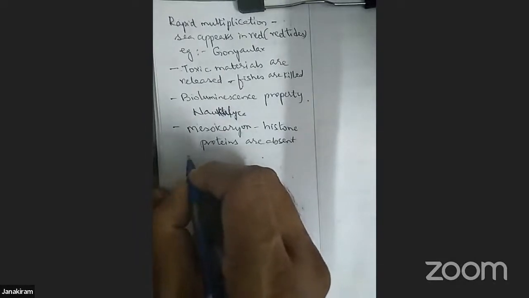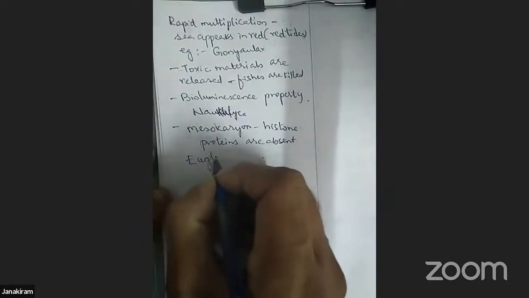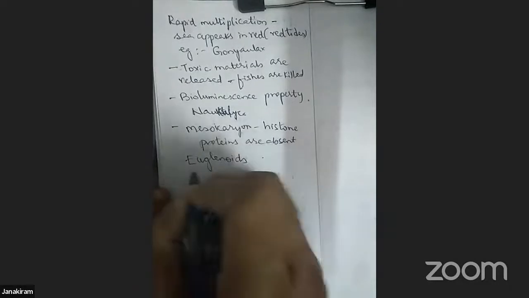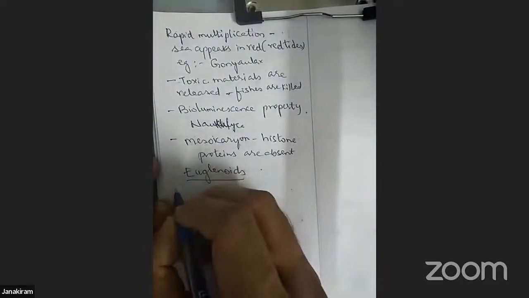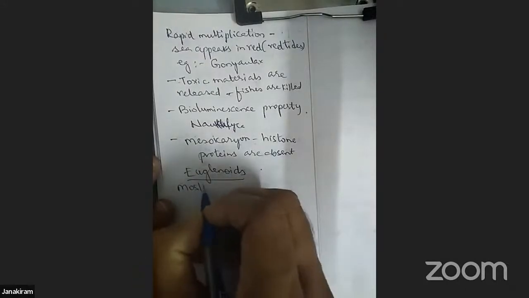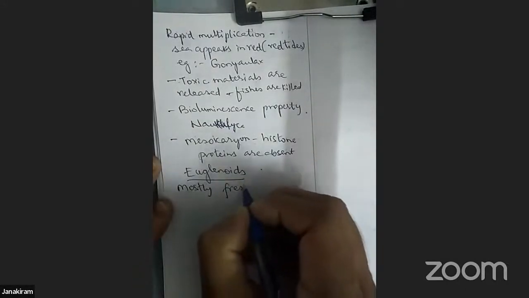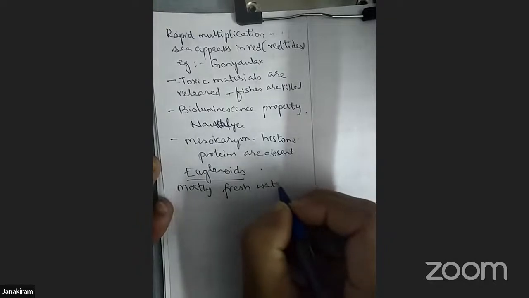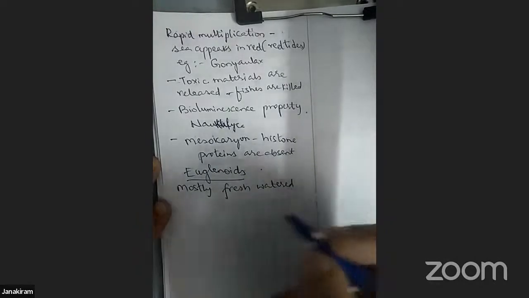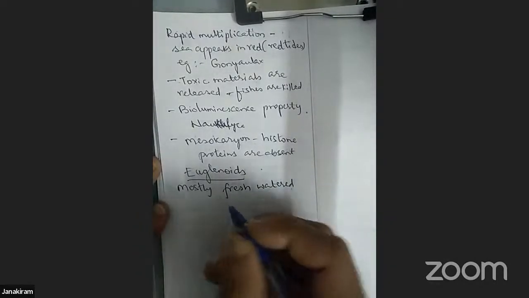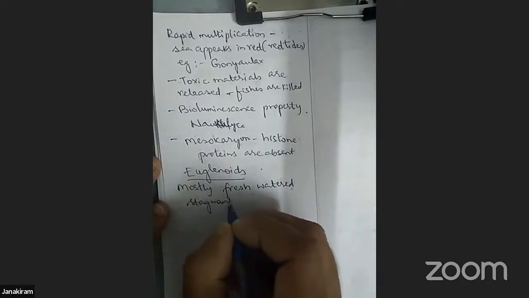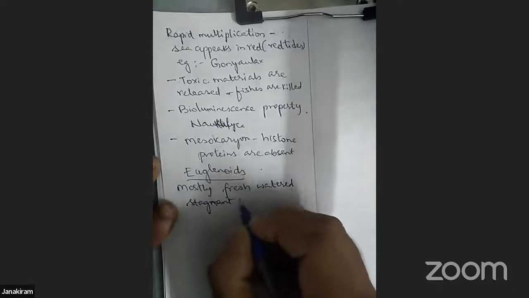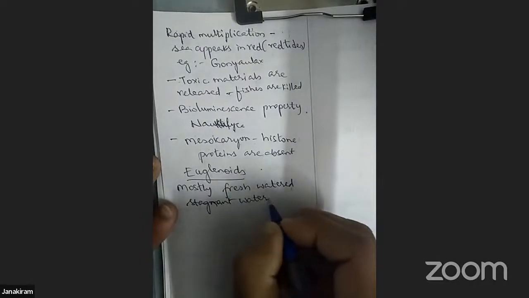Then coming to euglenoids. Euglenoids are mostly freshwater. They are mostly freshwater and they are present in stagnant water.